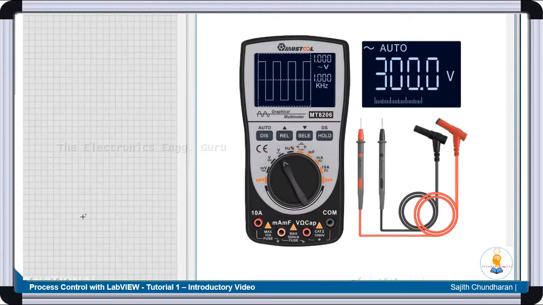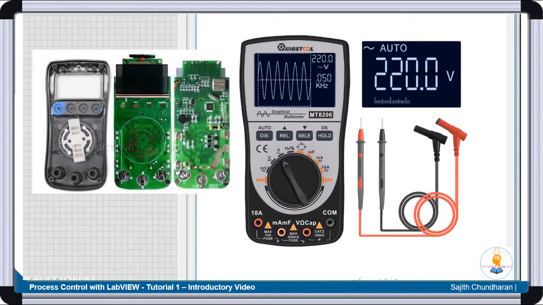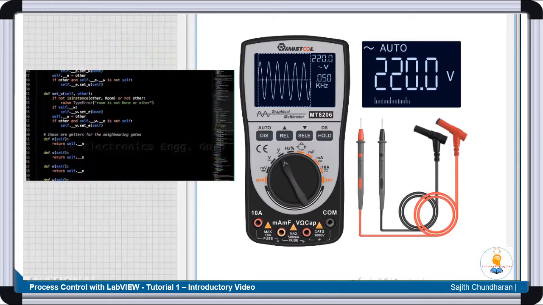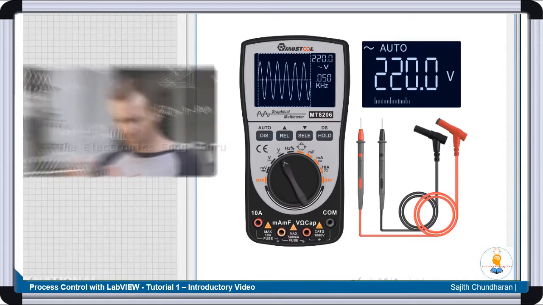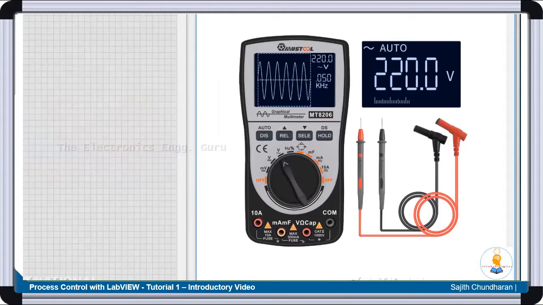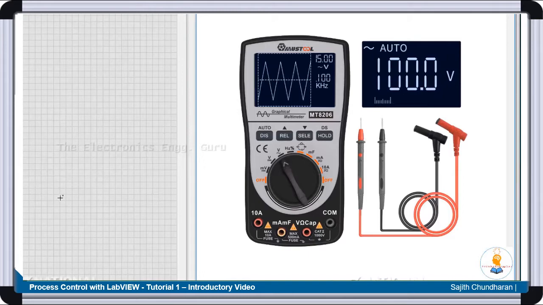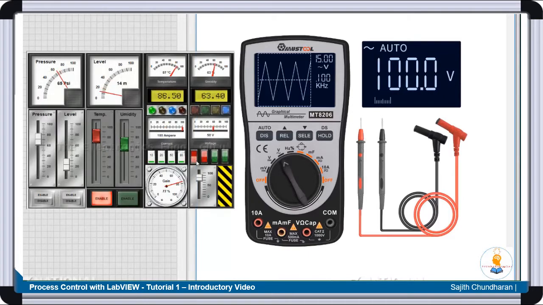But is that all an instrument is about? No. An instrument has a lot of things inside. It has hardware, electronic components, software, and a lot of mathematical operations happening. So there is a lot of engineering behind it. As I've told you, this is a virtual instrument. Virtual is something which is not real. We are making the virtual instrument in a computer program.